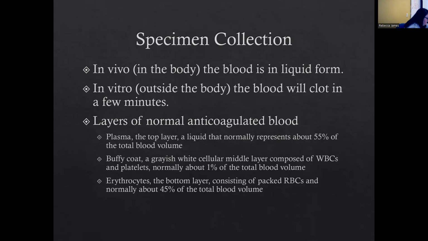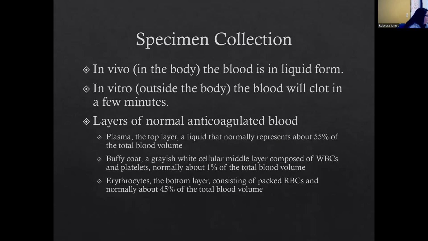So it's saying when you use an anticoagulant, it's separated and it's called plasma. You have the top layer, which is the plasma. You have that middle layer, which is your leukocytes. What are leukocytes? White blood cells.